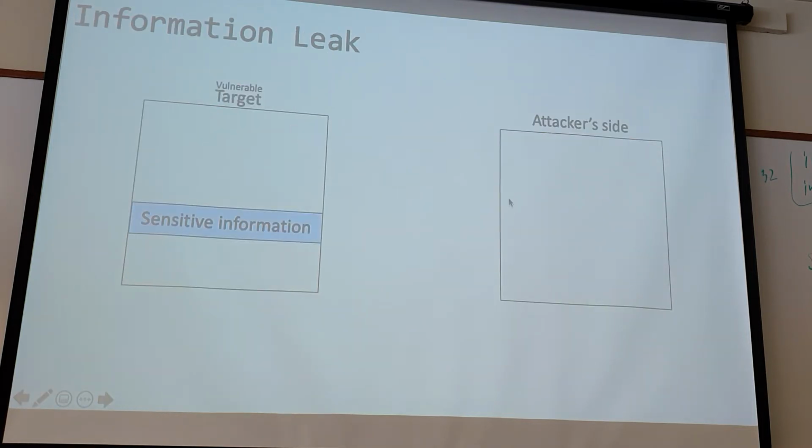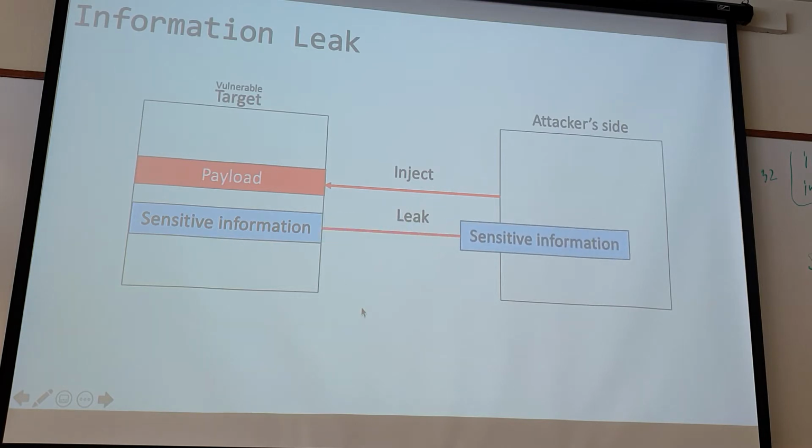Another aspect I'd like to emphasize is information leak. Sometimes attackers inject a bunch of bits into the victim program. Then depending on the victim's response, they can confirm if the injected bits are the same as those already in the victim's memory.